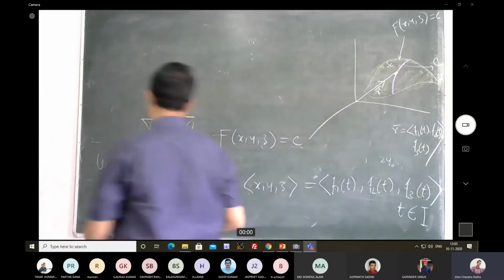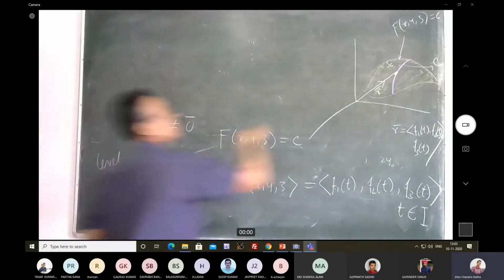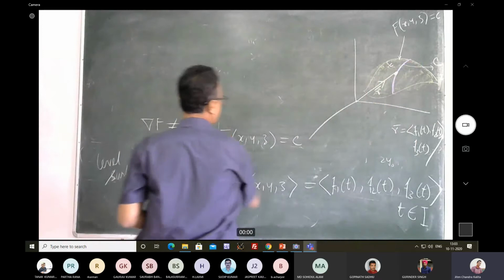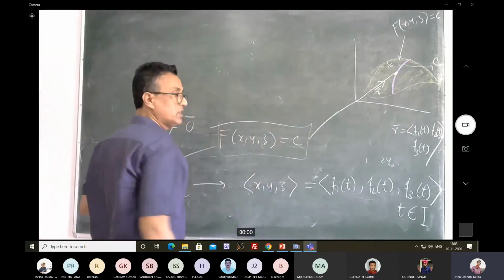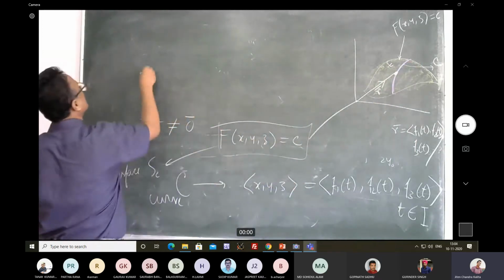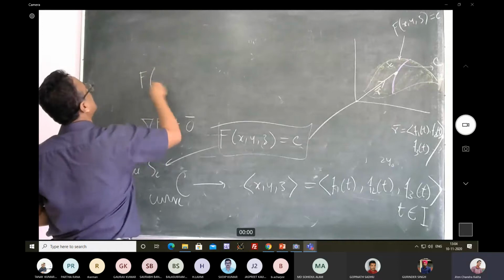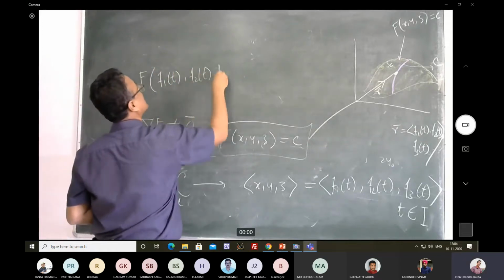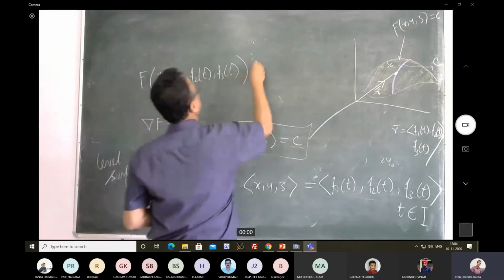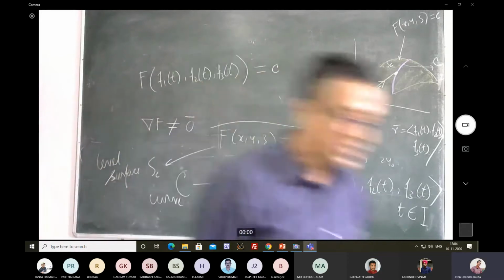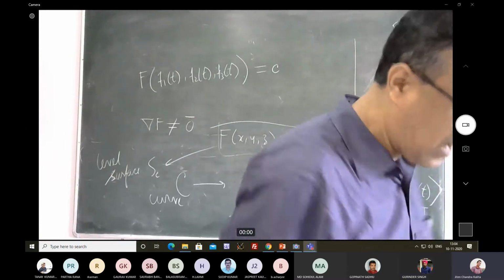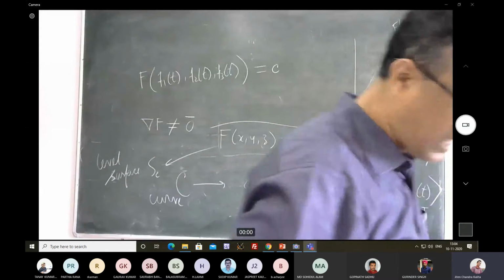So that is why, for this curve lying on the surface, this equation I can write it as... is it okay? Yes, sir.